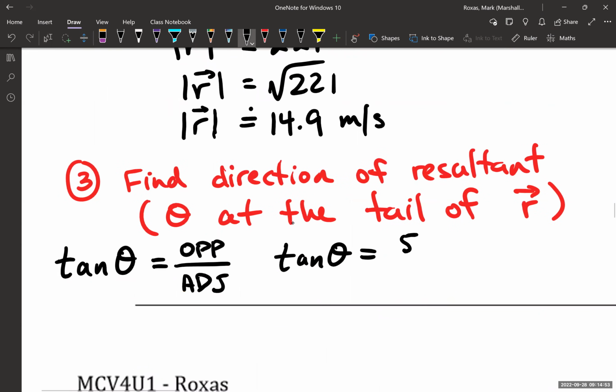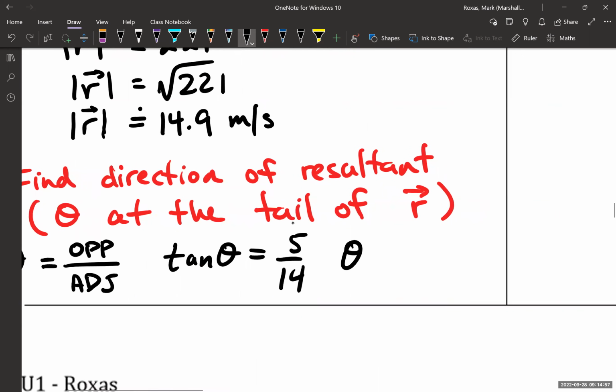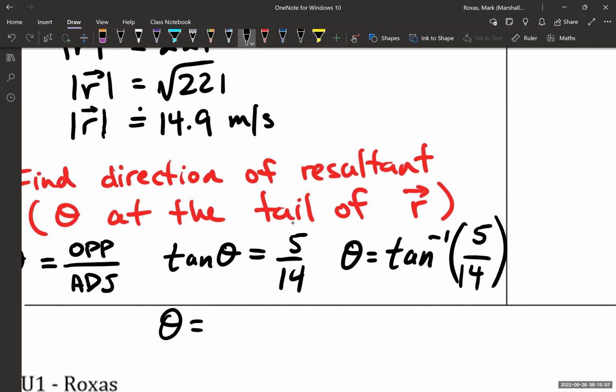If I want angle theta, remember, solving for an angle means you have to use the inverse of the ratio. So the inverse tangent of 5 over 14 is 19.6, so I'll round that to 19.7 degrees.